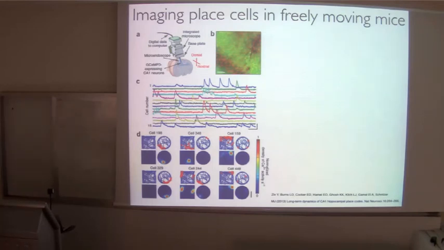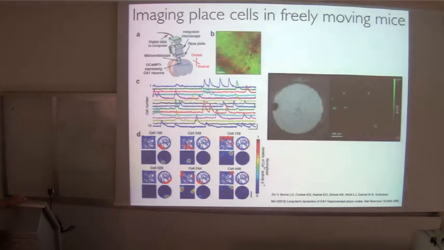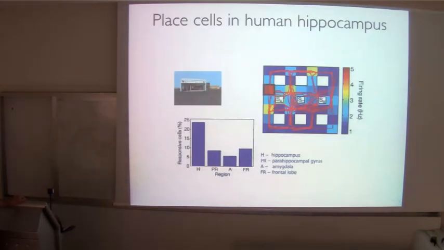So there's a stability of this receptive field. So this is what it looks like. This is the activity of the neurons, and this is the mouse running in the arena with its USB cable attached to the computer.